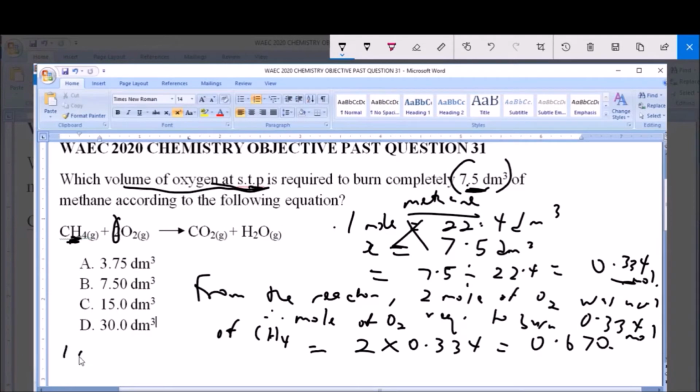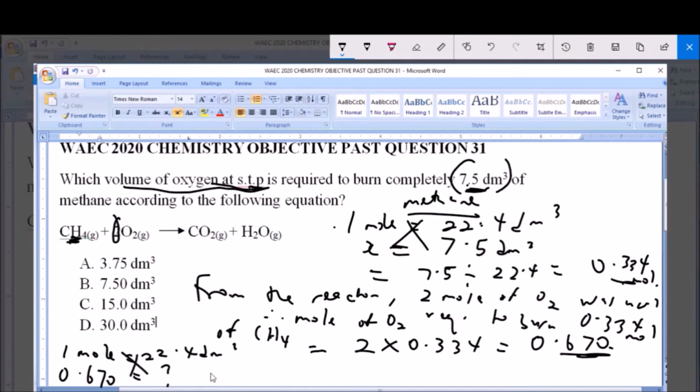Remember, in molar volume, 1 mole is equal to 22.4 dm cube. So if 1 mole is equal to this, what is the equivalence of 0.670 mole in volume, the volume represented by this number of mole? So 0.670 is equal to unknown volume.